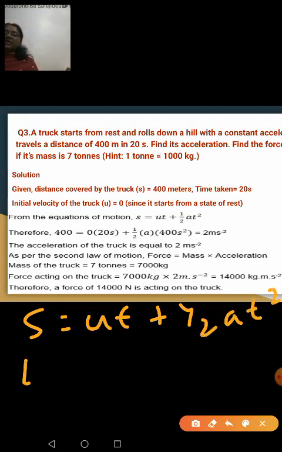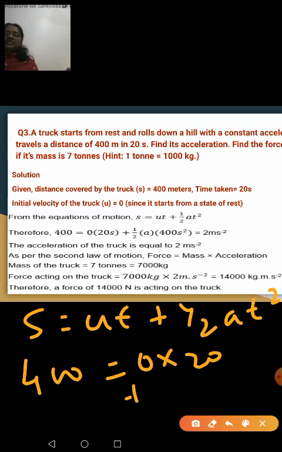In the place of S, I am writing 400 because the distance travelled is 400 meters. U is 0, time is 20 seconds. So this portion becomes 0 plus half A, which is to be found, T square is 20 square.